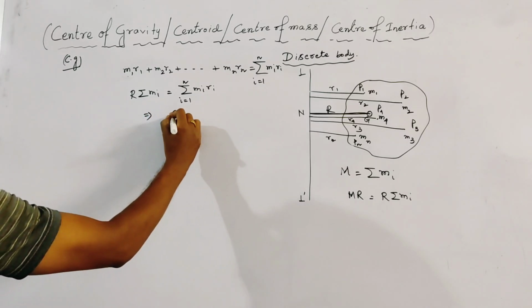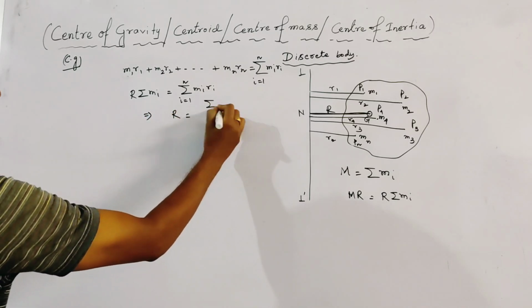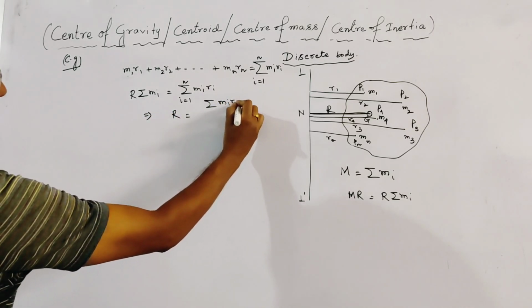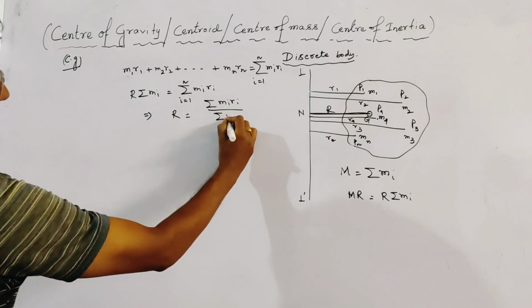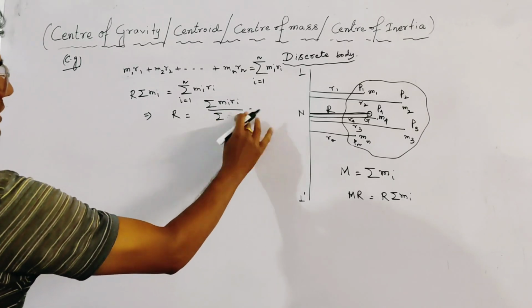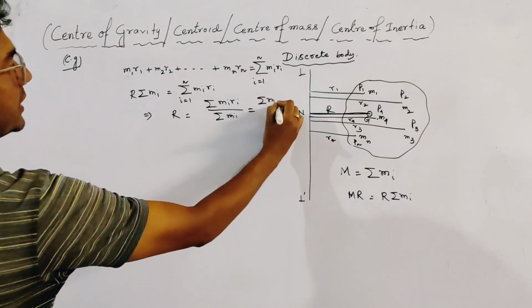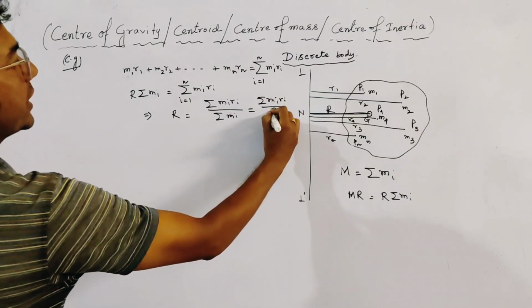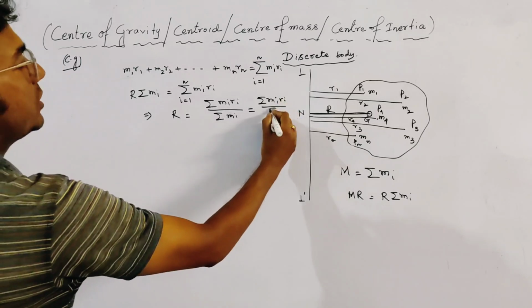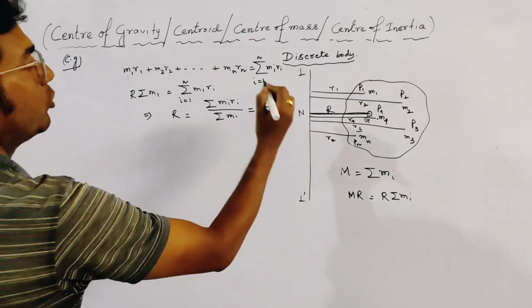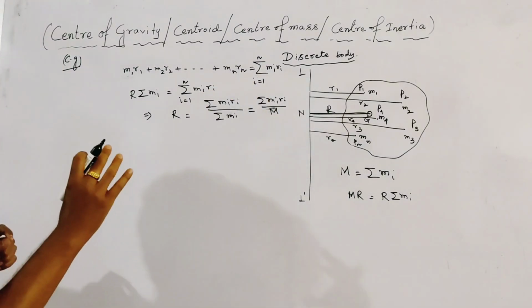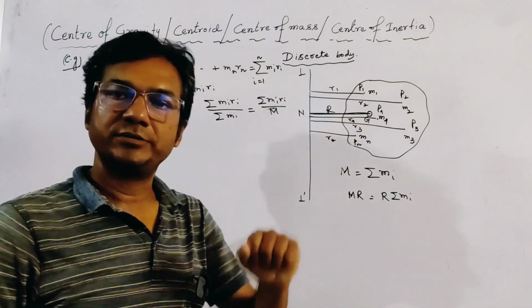So we get the distance R, given by summation mi ri divided by summation mi, and this can be written as summation mi ri by capital M, where M is the total mass of the body, if the body is discrete.